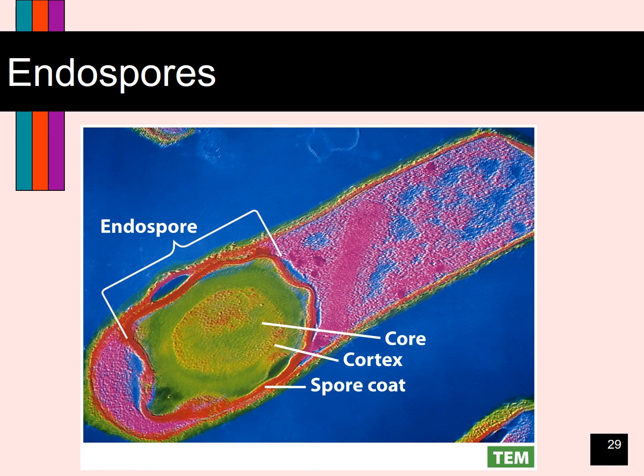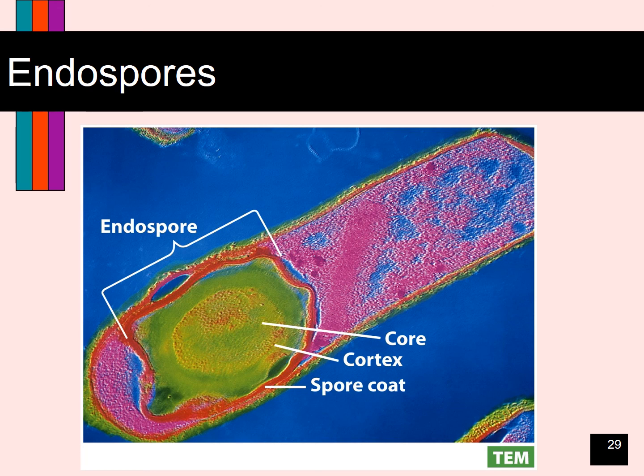So there would be two membranes around that core, which would contain the duplicated chromosome, and it would also probably contain small amounts of RNA, ribosomes, enzymes. Surrounding that would be a membrane, and then surrounding that membrane would be a second membrane. In between those two membranes would be what is called the cortex.